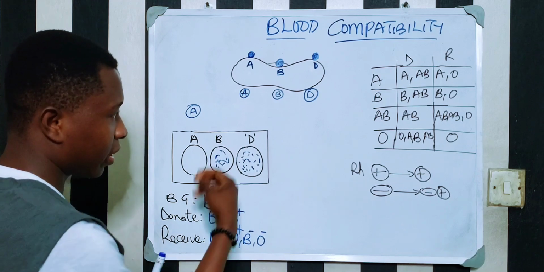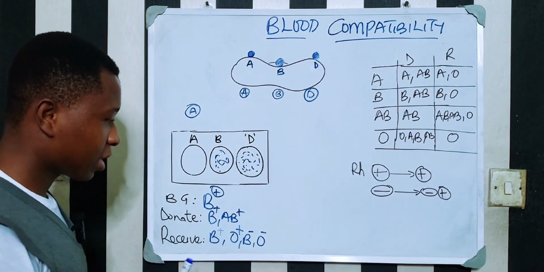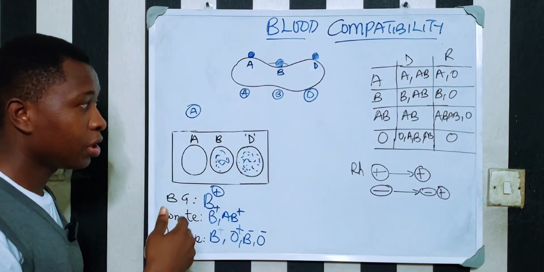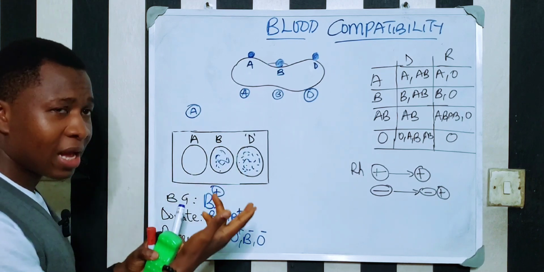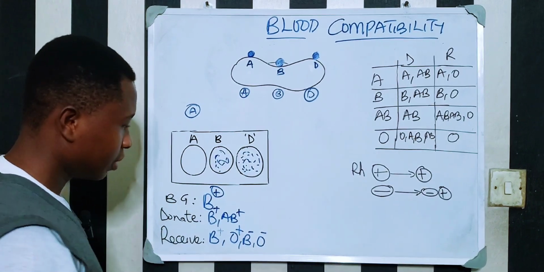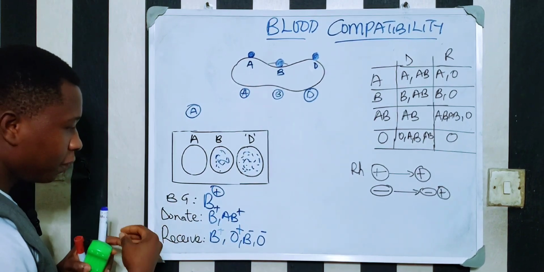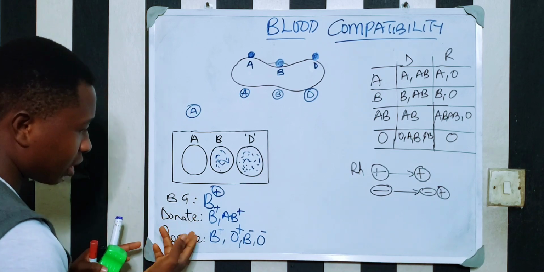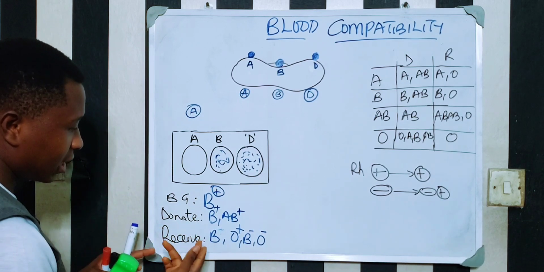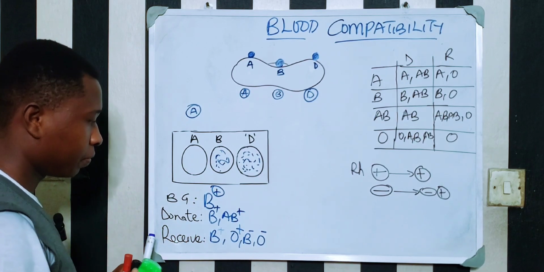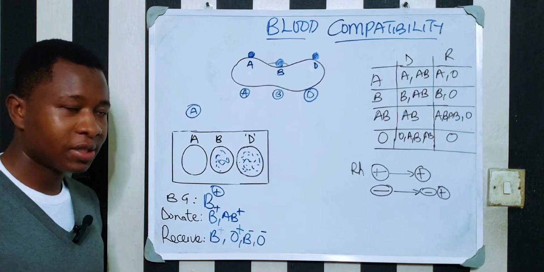That's because there is no antibody to react to. There's no resource factor antibody in the plasma. Okay, so that is that. So if you are B positive, these are the people you can donate to, and these are the people you can receive from.